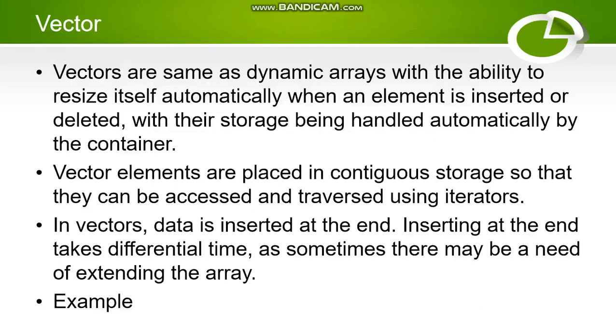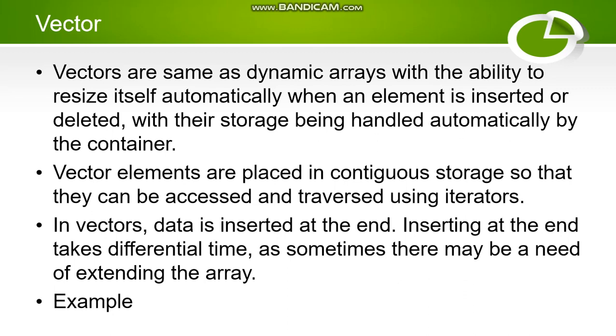So whenever we have elements in a vector and we want to insert a new element, the size of the vector is automatically handled by the vector itself. And suppose we have deleted some elements from the vector, then also the size is automatically handled by the vector itself.